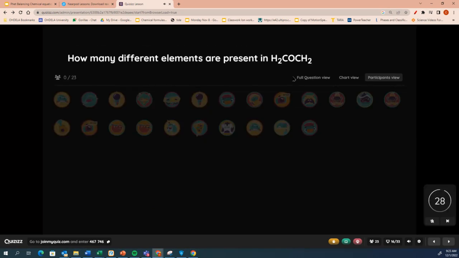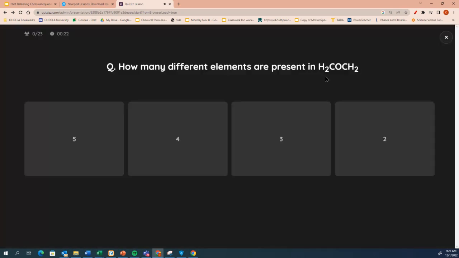How many different elements in this particular compound? Okay, so let's do this. That's a comma. Those are all capital letters. So 1 hydrogen, 2 carbon. Uh-oh. 3.